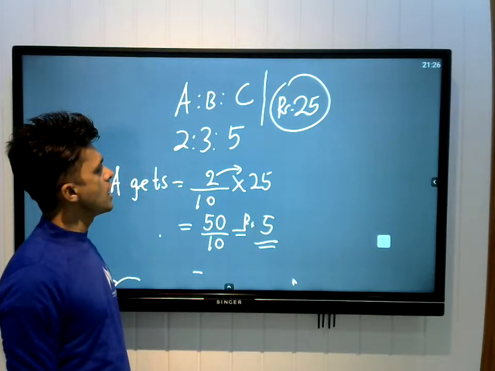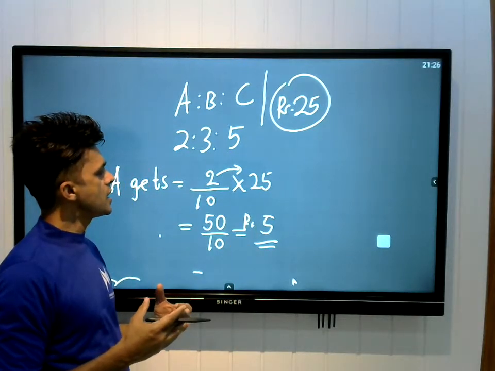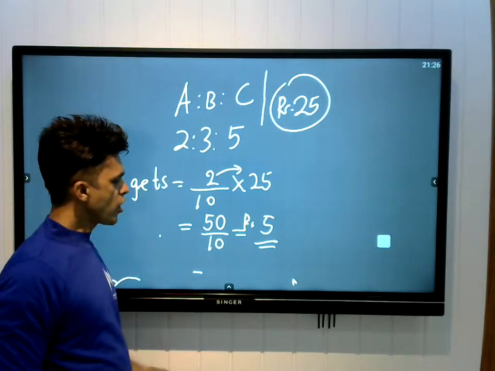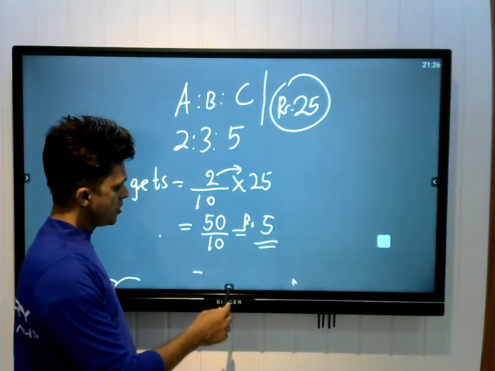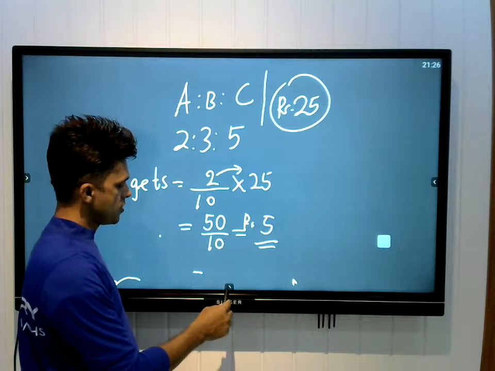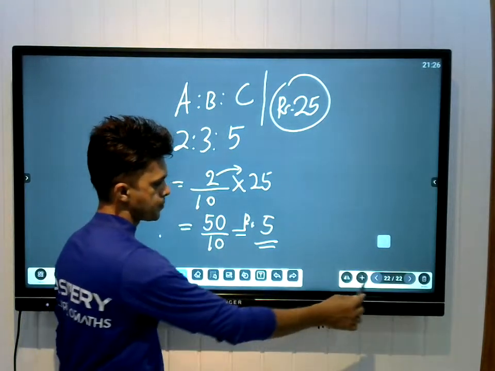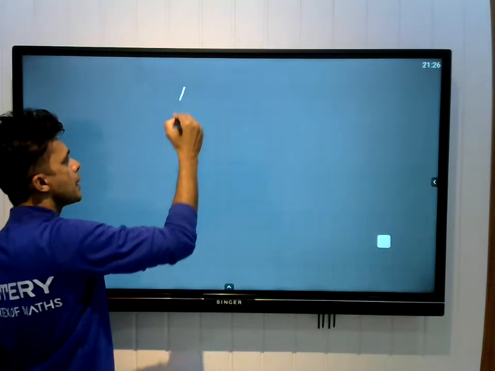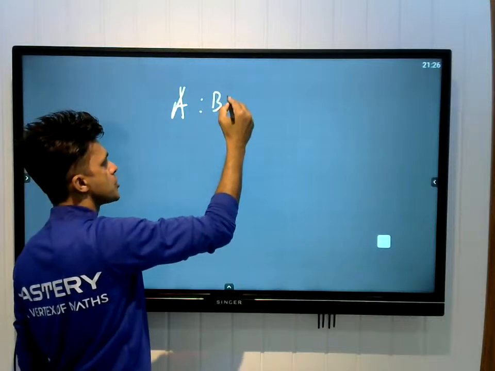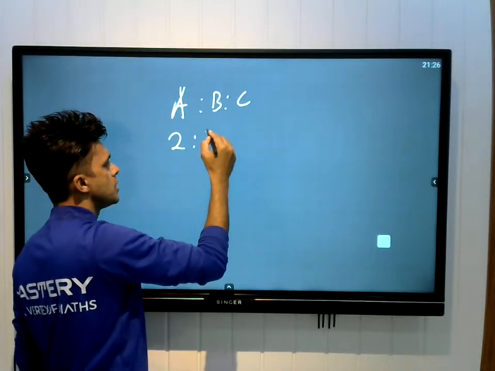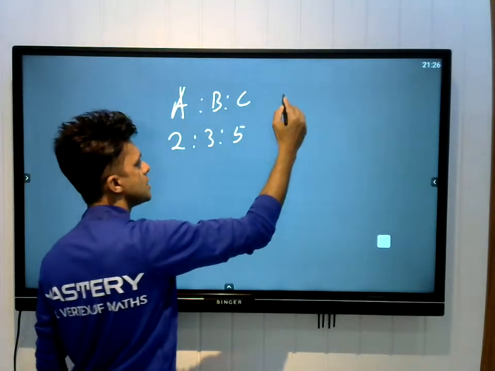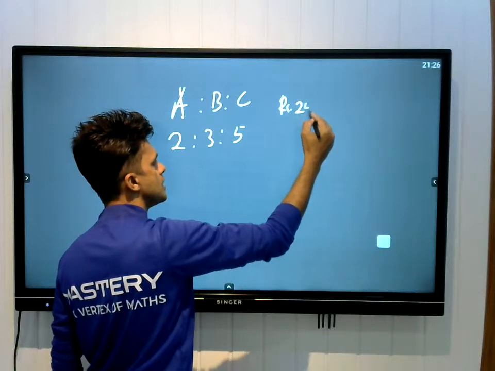We are able to calculate the amount taken by B as well. How can we do it? The ratio is 2 to 3 to 5 for A, B, C. The divided amount equals 25 rupees.